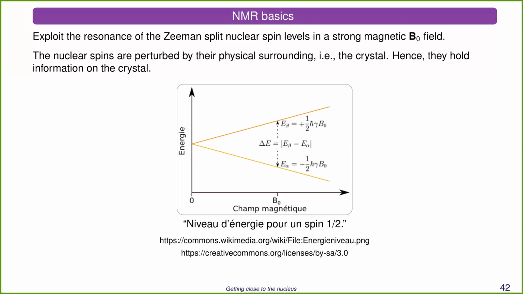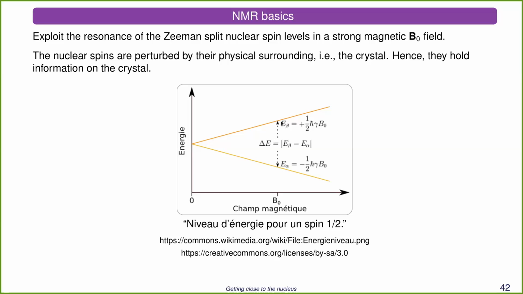So what it does is exploit the Zeeman splitting of a nuclear spin. You see here the energy as a function of magnetic field, and the energy levels, in this case for a spin half particle, are being pushed apart. This difference can be probed in resonance experiments in NMR.